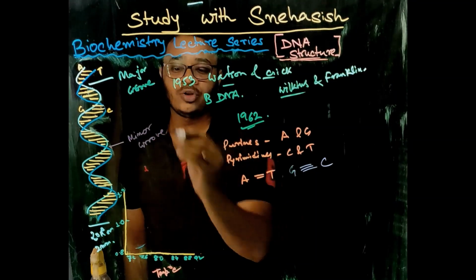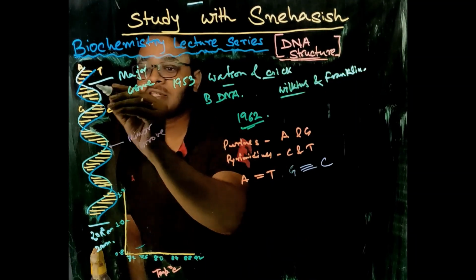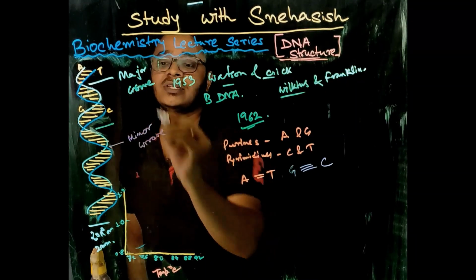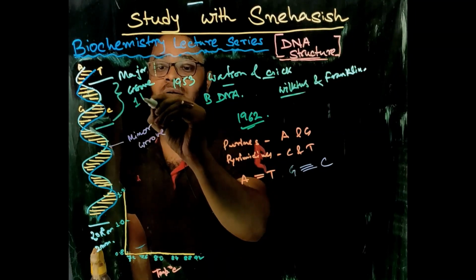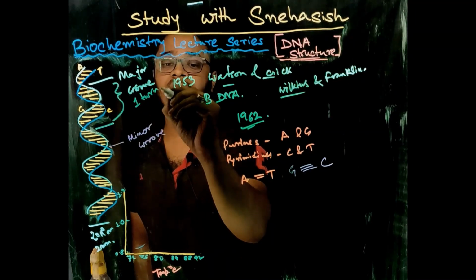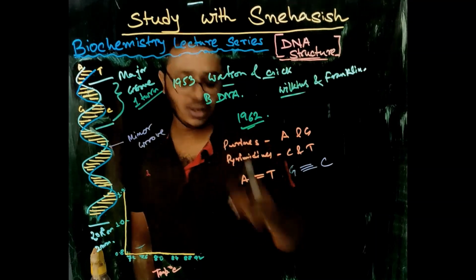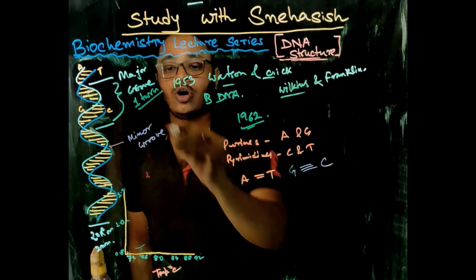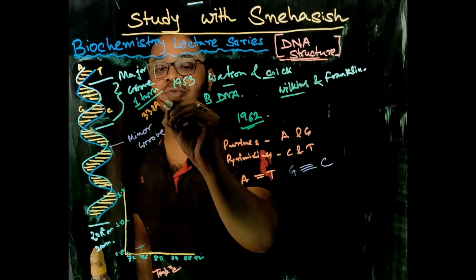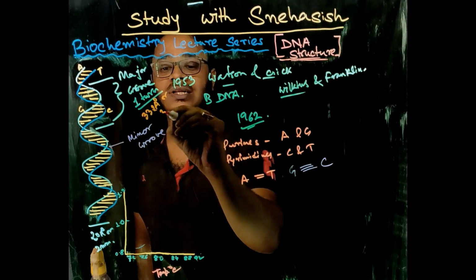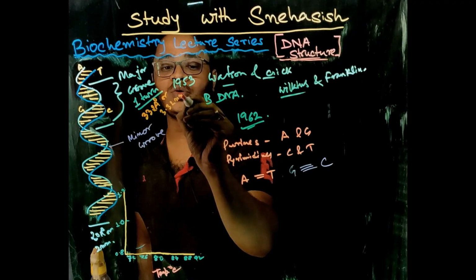From one major groove to the next major groove constitutes 1 turn of DNA. This 1 turn has a pitch of 33.2 Angstrom or 3.32 nanometer.